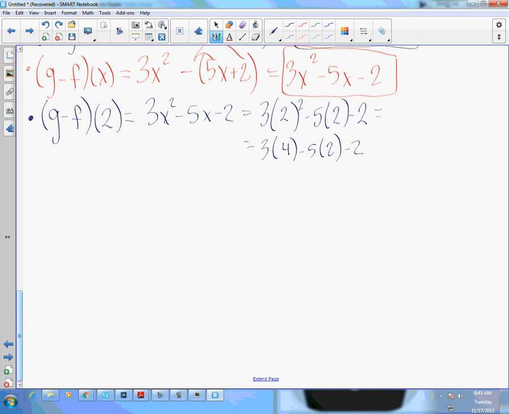The multiplication. I can actually do both at the same time because it's the same operation. So 3 times 4 is 12. Negative 5 times 2 is negative 10. Let me just subtract. 12 minus 10 is 2, minus 2 is 0. So if we get a number, we have to do one more step and plug it in.